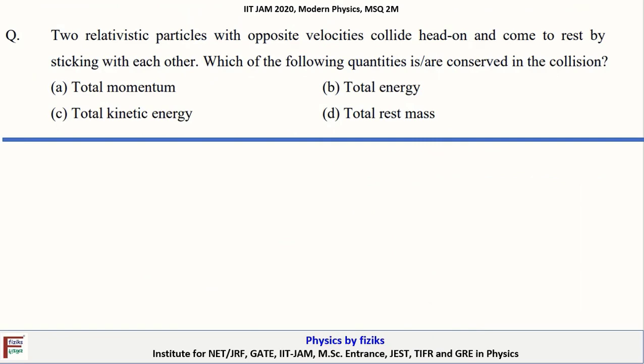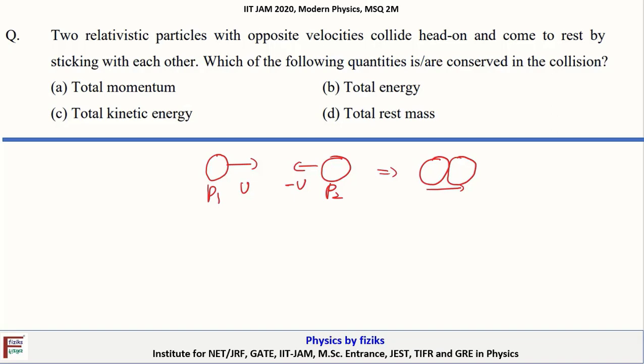In this question, two relativistic particles P1, P2 with opposite velocities V and minus V collide head-on and come to rest by sticking together. That means that is a finite scenario. Which of the following quantities is or are conserved?